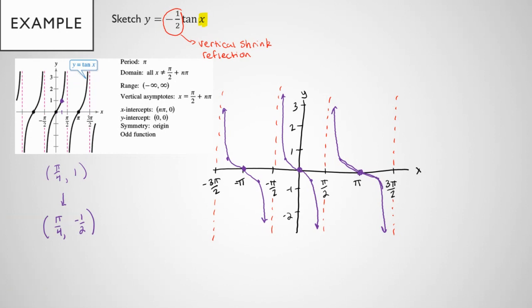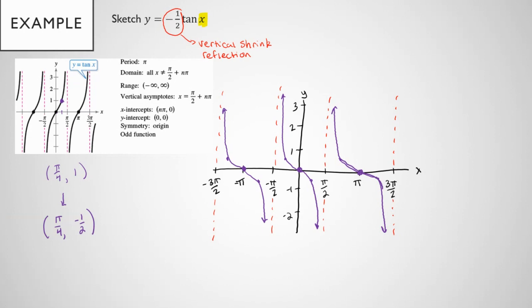But if you have something multiplied by x, like 2x or 3x, or maybe x plus 5 inside the tangent, that's when the vertical asymptotes change. Because anything that you do to x changes the vertical asymptote. So anything that happens inside the tangent function changes the vertical asymptote.